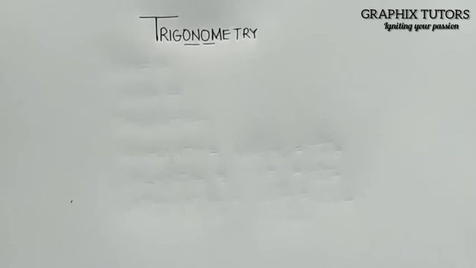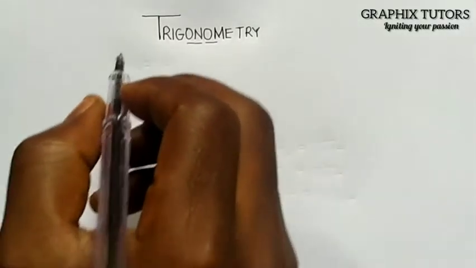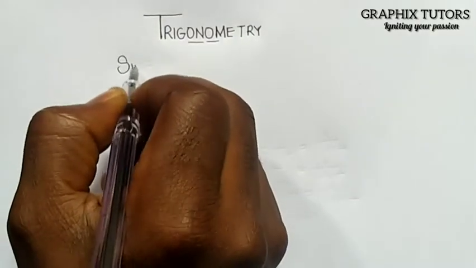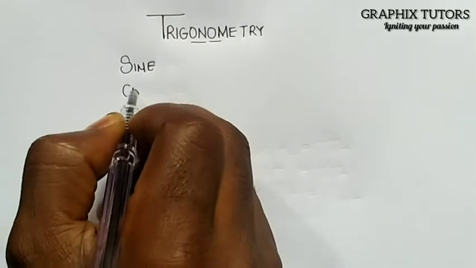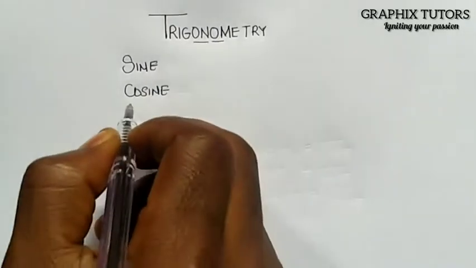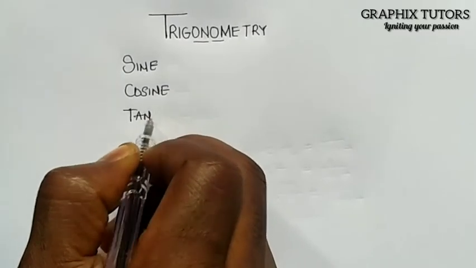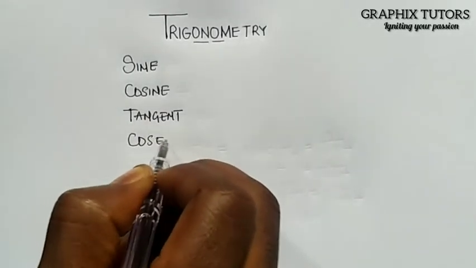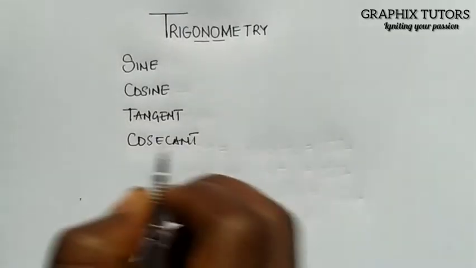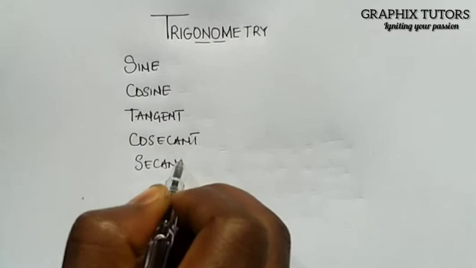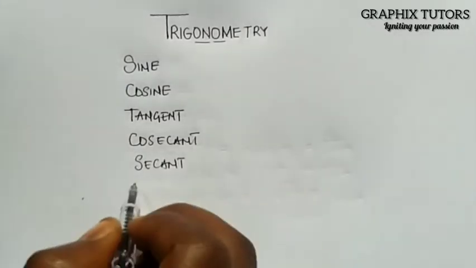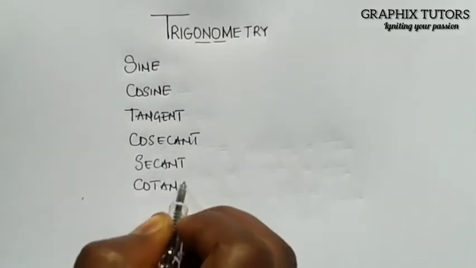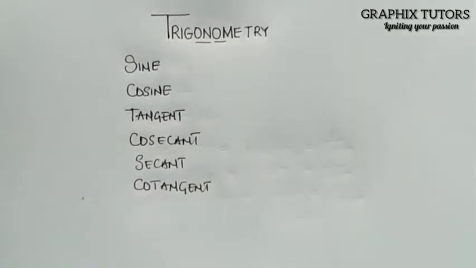Now, we have 6 specific functions of angles, and they are sine, cosine, tangent, cosecant, secant, and cotangent. These are the 6, right?